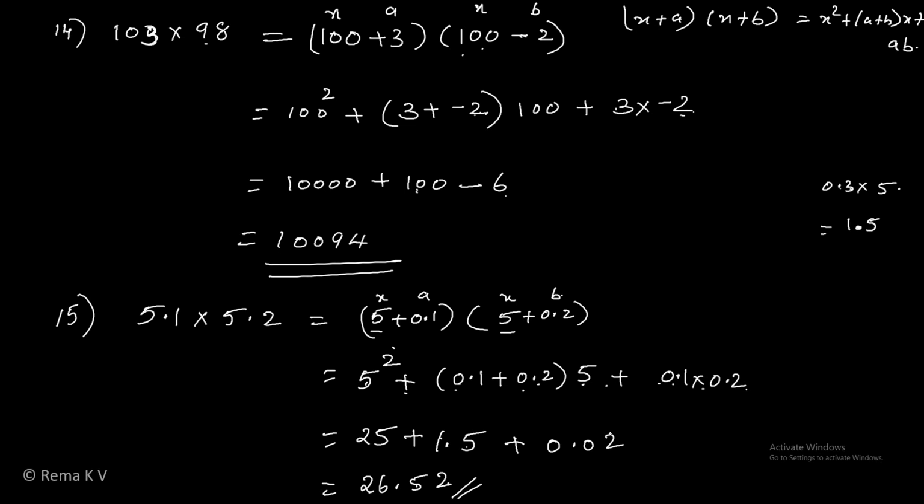Okay, one more question. 9.7 into 9.8. Can write this as 9 plus 0.7 into 9 plus 0.8.